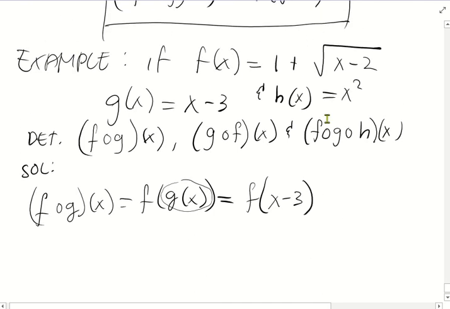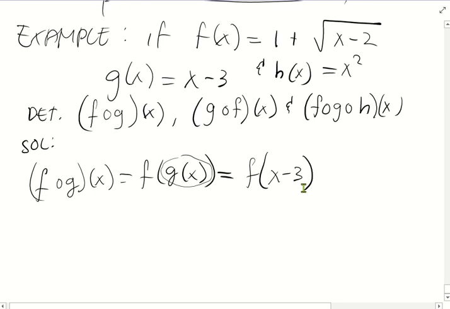We have an example like this one before. So f of x minus 3 will be equal to, so this is our f of x, 1 plus the square root of x minus 2. But change x with whatever is inside the bracket, and that's x minus 3. So x minus 3. This is x originally here because this is f of x.